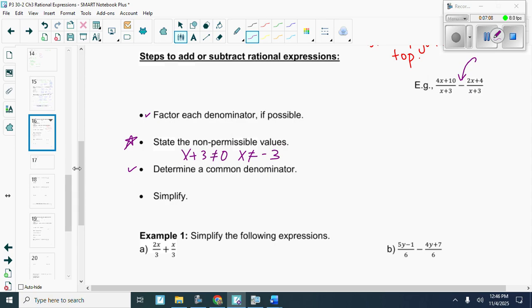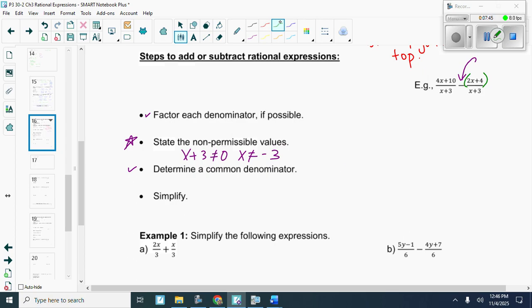Now we're going to write everything over one denominator because it's common, and then we're going to collect like terms and simplify. If it's a plus, you can just take all your numbers, because you're adding them all. When this is a negative sign, you have to put brackets around the binomial on the top, because here's what happens.